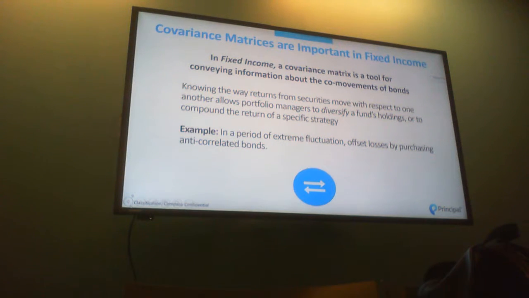Just as a side note, is it feasible to also mention that most of these concepts, including the covariance matrix, work more efficiently on equities instead of bonds? Yeah, so that's a really good question.